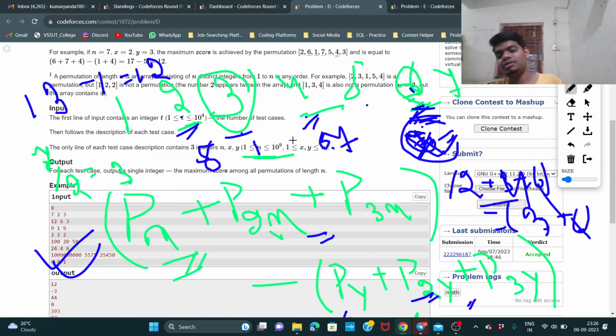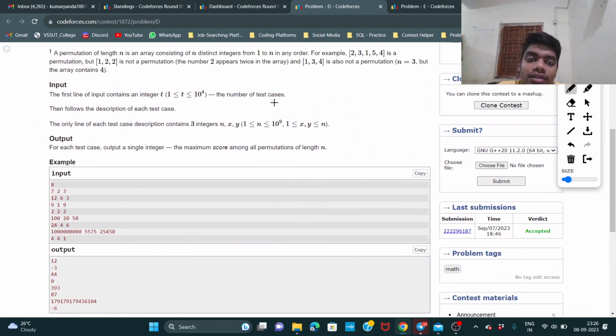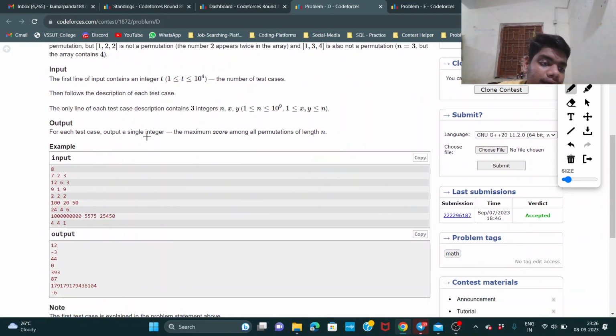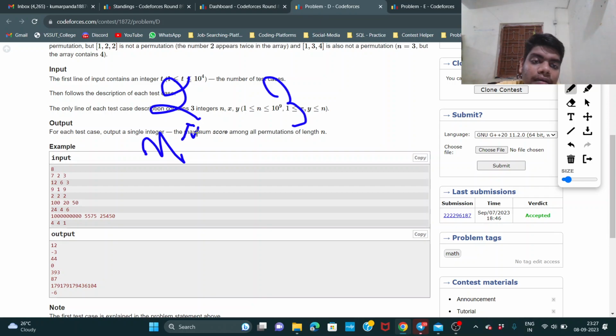Are you getting my point or not? So just find the LCM of the two numbers. What is the LCM of the two numbers? The x value is 2 and 3, this is the x value, this is the y value, and the n value is equal to, okay.